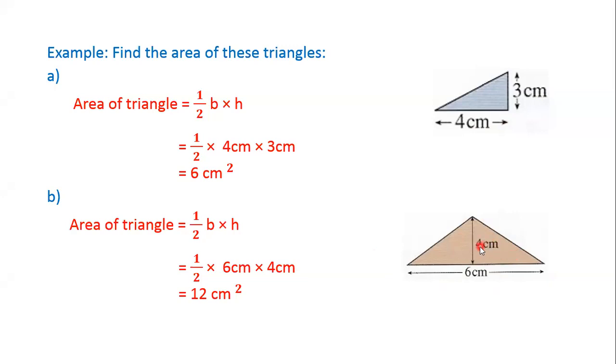So you have to differentiate between the measuring unit of area and the measuring unit of length. The unit of area is centimeter power 2 or meter power 2, and the unit of base length or height is centimeter or meter alone, according to the measuring unit in the question.